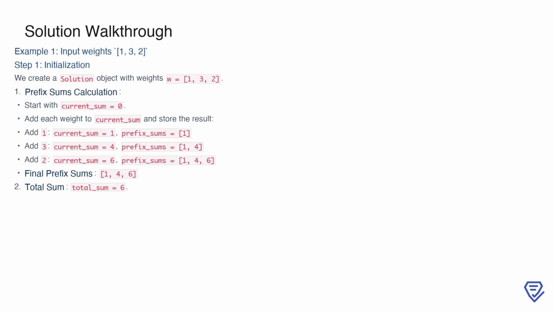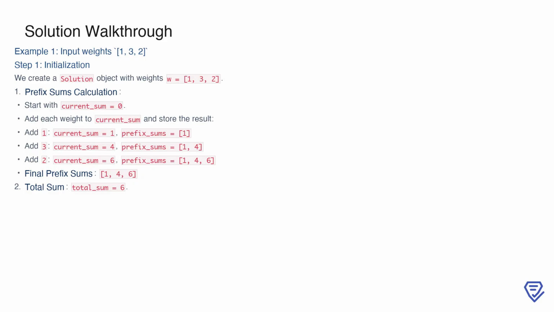To solve this problem, we start by initializing the solution object with the given weights, in this case, 1, 3, 2. The first step is to compute the prefix sums. We initialize current_sum to 0, then iterate through the weights, adding each weight to current_sum and appending the result to the prefix_sums list. For the first weight, we add 1, so current_sum becomes 1 and prefix_sums is [1].